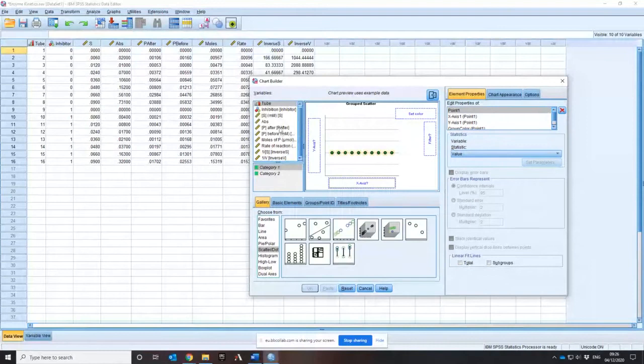So which way around do you draw your graphs? Which one is the dependent variable and which one's the independent variable? So which thing is causing the other thing to happen? Is my 1/velocity causing my 1/substrate to change, or is my 1/substrate causing the 1/velocity to change?